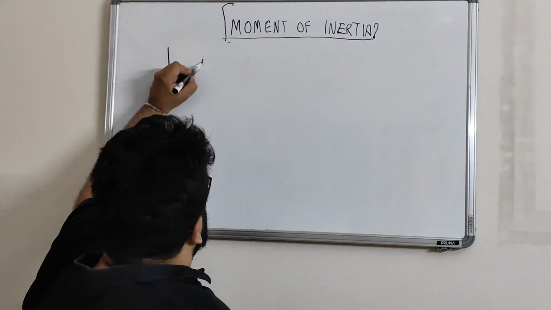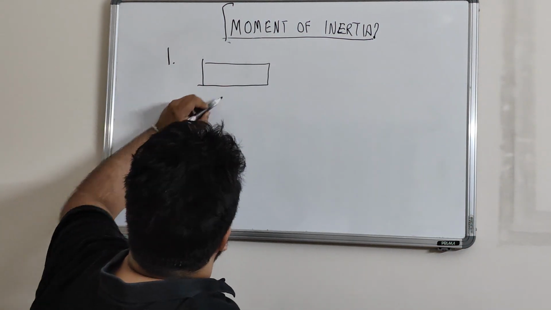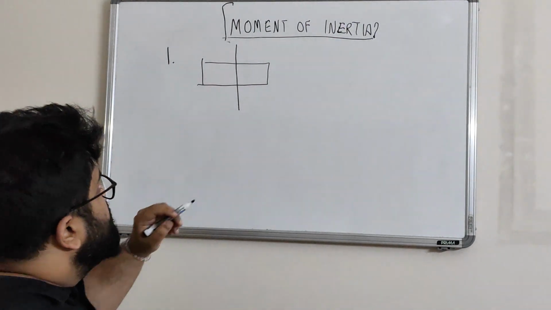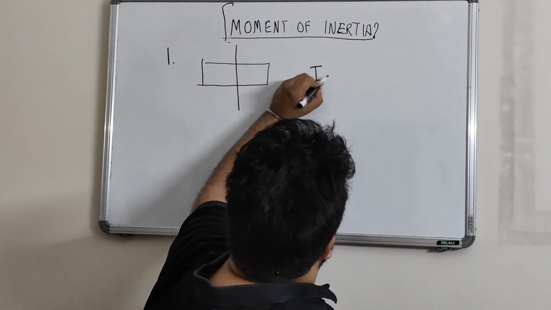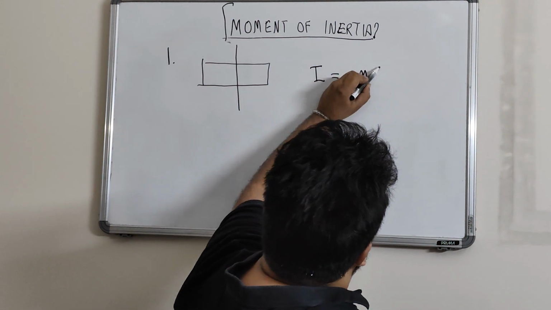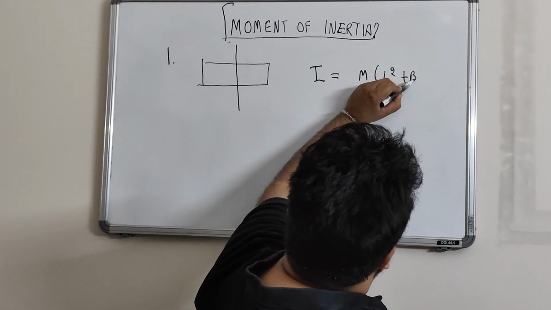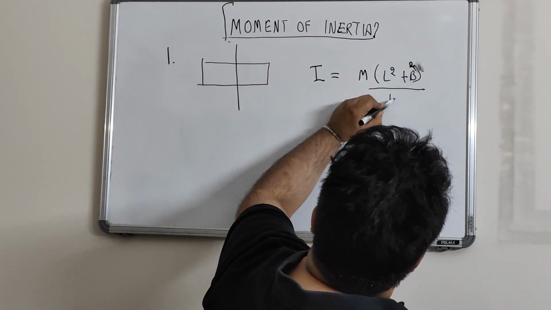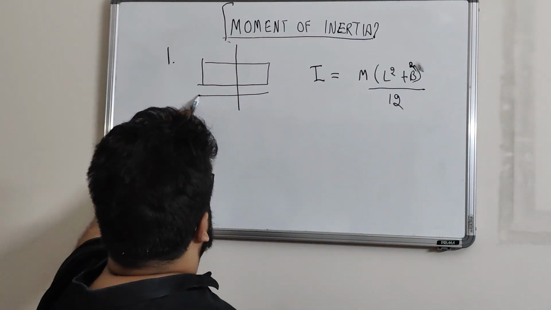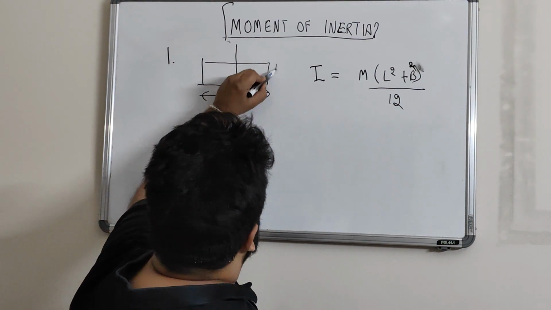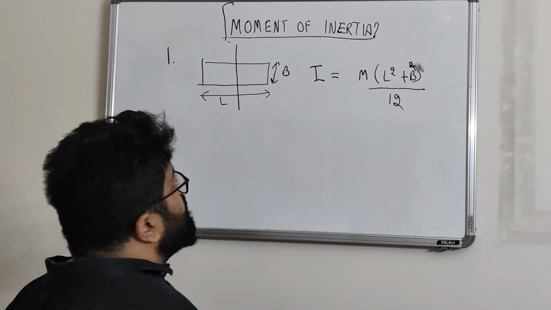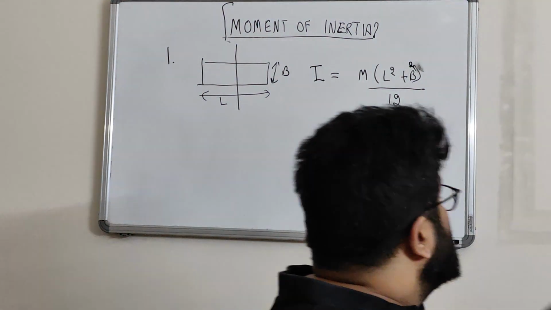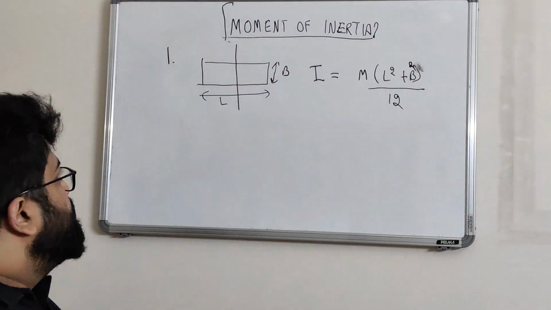So for a rectangle, the axis of rotation passing through the center of mass, it becomes m into L square plus P square by 12. So this is the length, this is the breadth. Okay. Now this is when it's passing perpendicular to the plane. Okay.